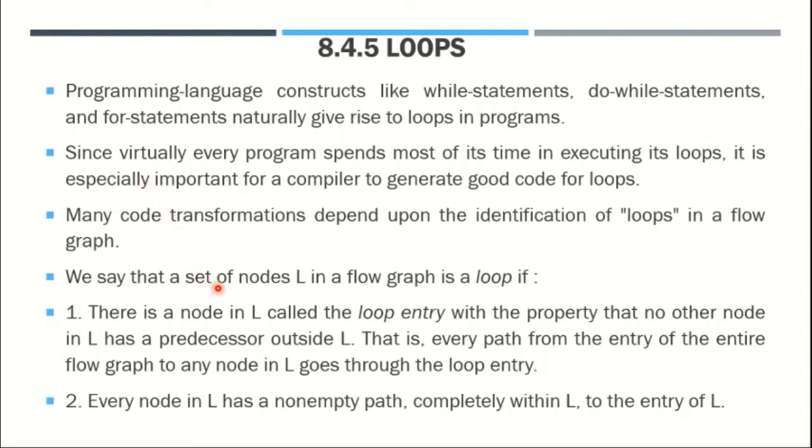While generating the target code for the loops, we can consider some small considerations, such as there is a node in L called the loop entry, with the property that no other node in L has a predecessor outside L. That means there is some set of instructions which can be represented as a label.